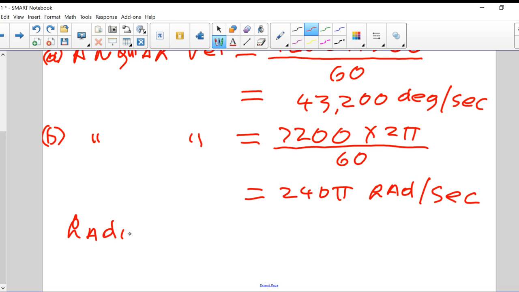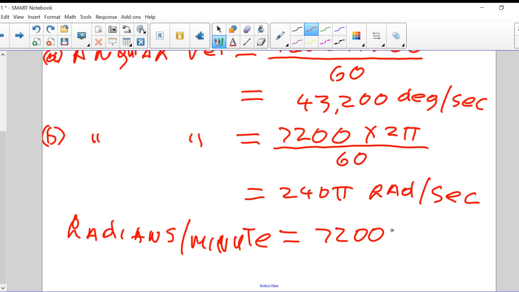I would take the 7,200, multiply it by the 2 pi, and just divide it by 1 because this was done in 1 minute. And that would be the end of the question. That's 144,000 pi.